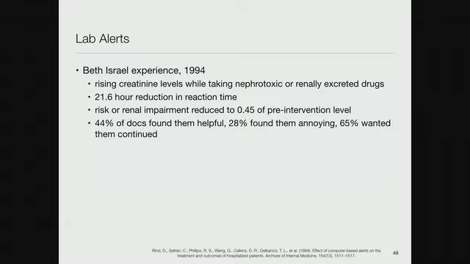That's remarkable. I mean, saving a day in responding to a condition like this is really quite an impressive result. And they also saw, in terms of clinical outcome, that the risk of renal impairment was reduced to about half of the pre-intervention level.